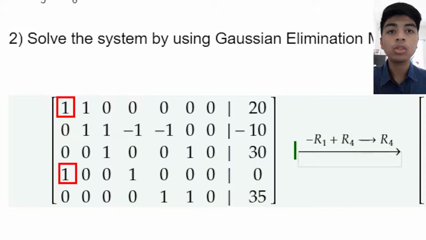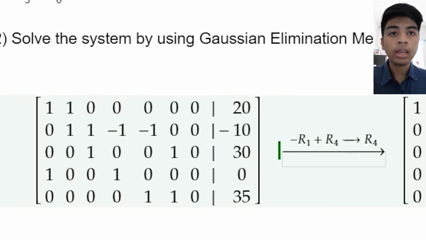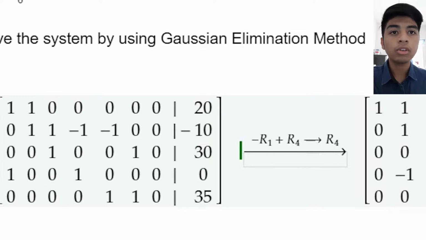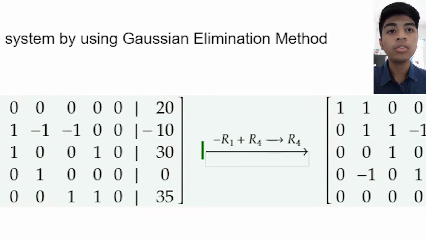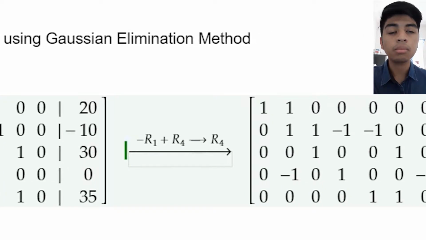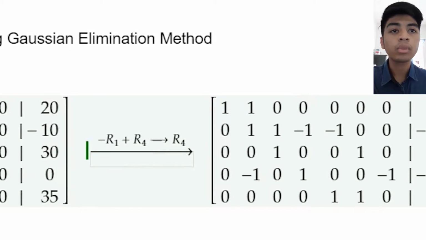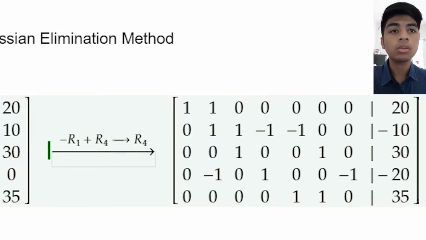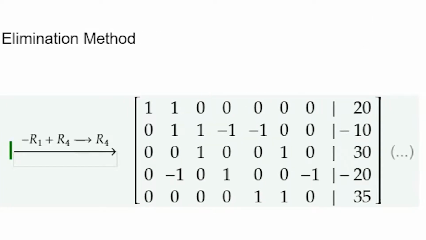So we need to do an elementary row operation on the matrix to make it 0. The formula is negative row 1 plus row 4 placed into row 4. And from that operation, we get this matrix.